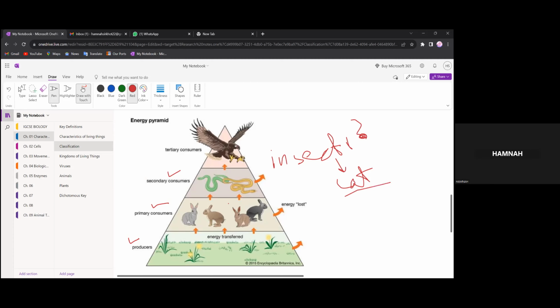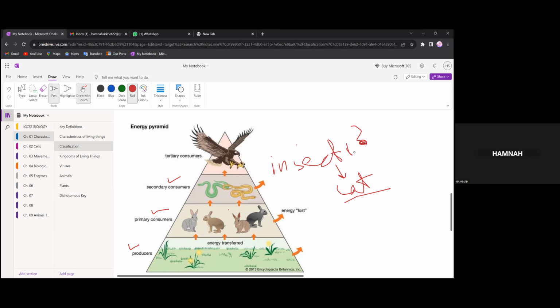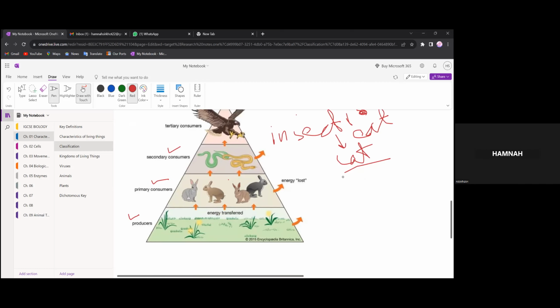Primary consumers eat producers. Does the cat produce food for primary consumers? No. If the insect is a primary consumer, that would mean this cat is making food for other animals.